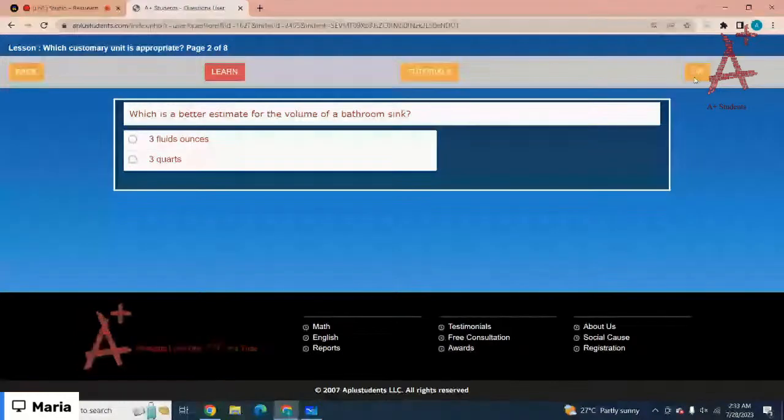Okay, which is the better estimate for the volume of a bathroom sink? 3 fluid ounces or 3 quarts, which is the correct option?